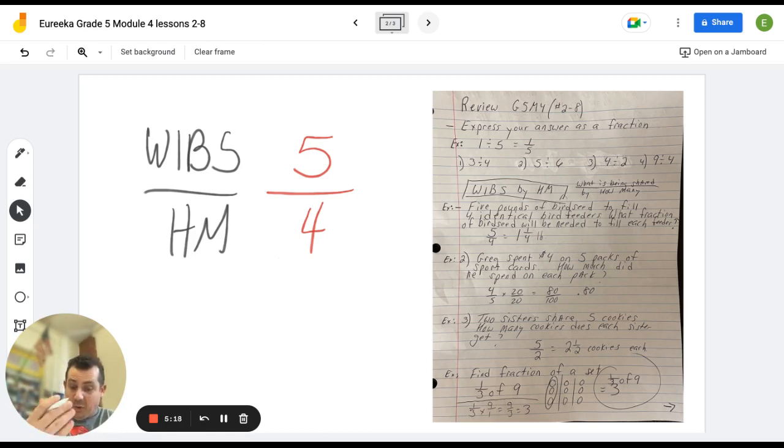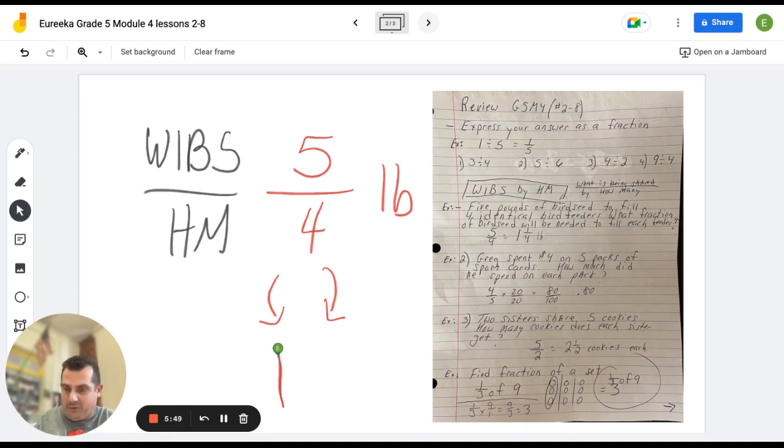So now you have 5/4. Each feeder is going to get 5/4 of a pound, but here is where you need to simplify. How can we turn that 5/4, which is an improper fraction, into a mixed number? This is where you say, okay, 4 is my denominator. So how many 4s can go into 5, which is 1?